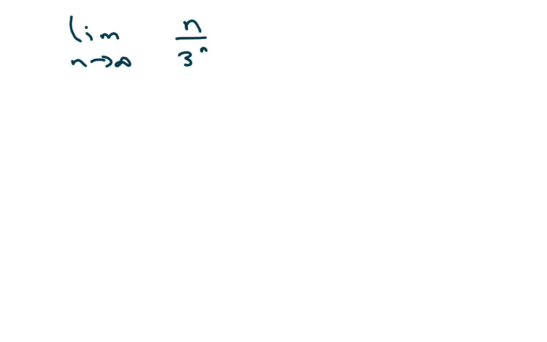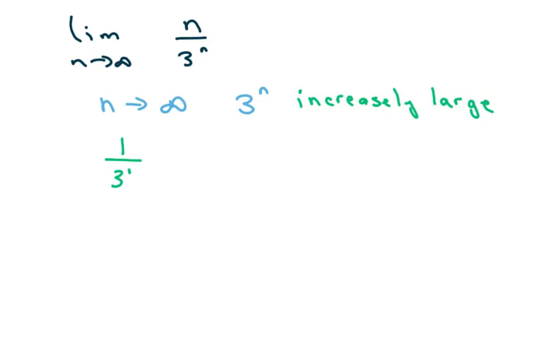The next one, we have this one. As n approaches infinity, 3 to the n gets really large, so it becomes increasingly large. And thus the value of 1 over 3 to the n becomes smaller and smaller.